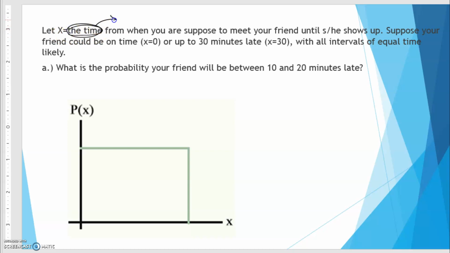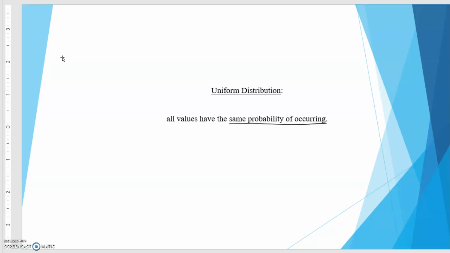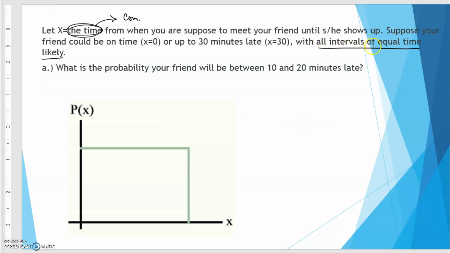Duration of time, by definition, is continuous. And then all intervals of equal time likely. By definition, in a uniform distribution all values have the same probability of occurring. So what they're saying here is all intervals of equal time are likely, they're all the same. So really, this is talking about a uniform distribution.